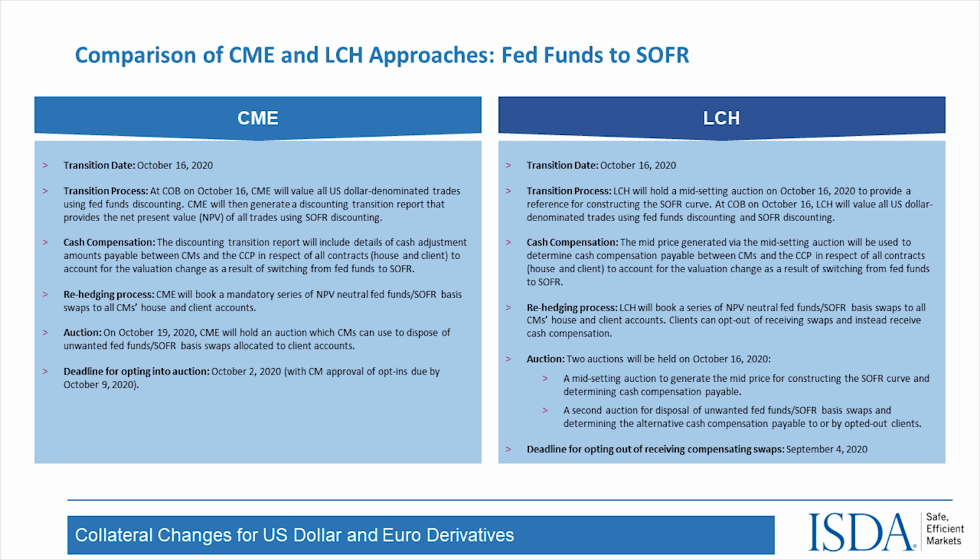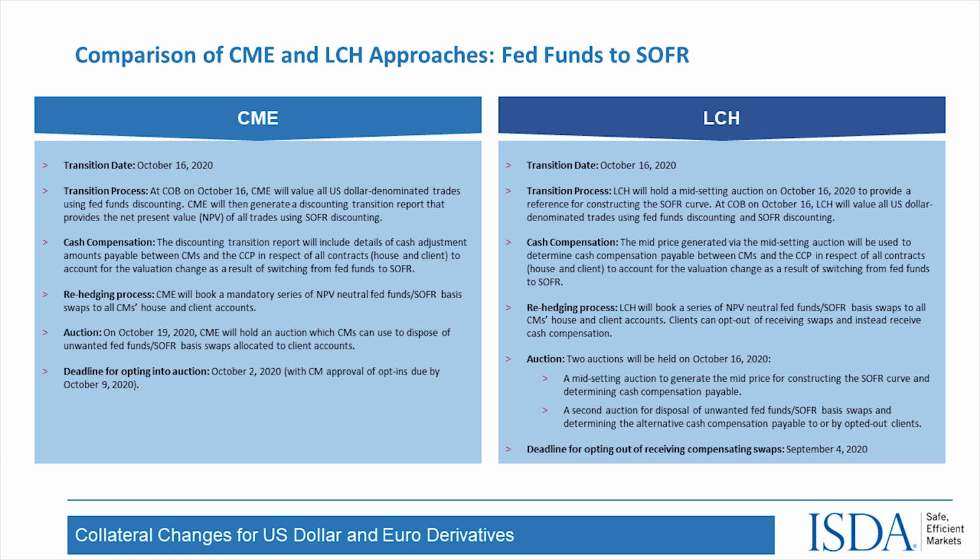No discounting risk swaps are intended to be disposed of in that auction. A second auction will then be held on the same day, and it's that auction that will be used to dispose of any unwanted Fed funds versus SOFR basis swaps from client accounts.